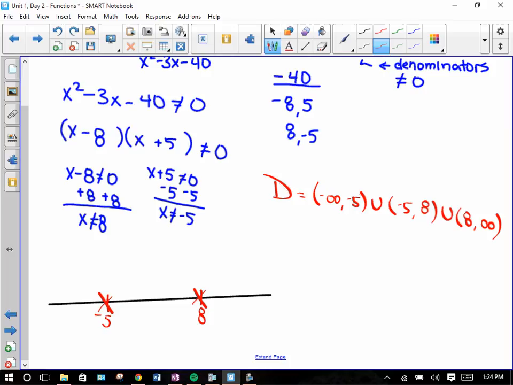And one of the big corrections I made on a number of people's homework is it's always the smaller number on the left side of the parentheses, and it's always the bigger number on the right side of the parentheses. Infinity and negative infinity always will be on the outside of the parentheses. That's the answer. There's your domain. So what that tells me is that x can be any number between negative infinity and -5, any number between -5 and 8, and any number between 8 and infinity.